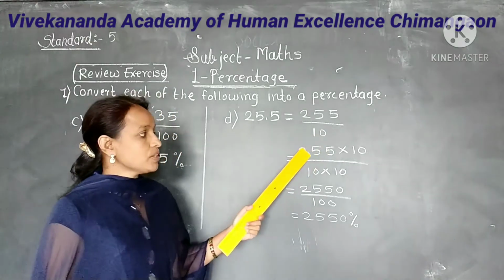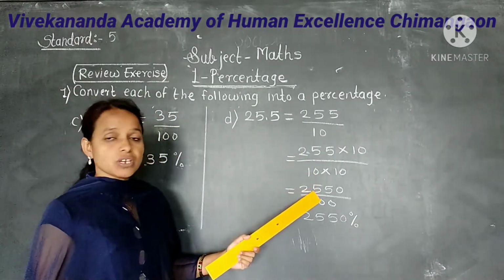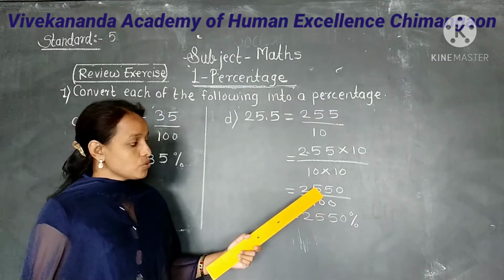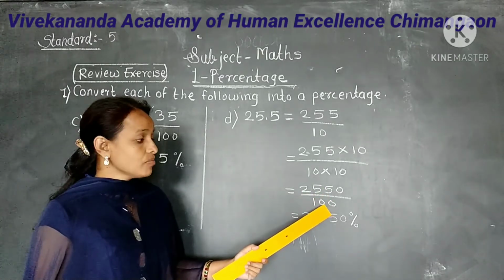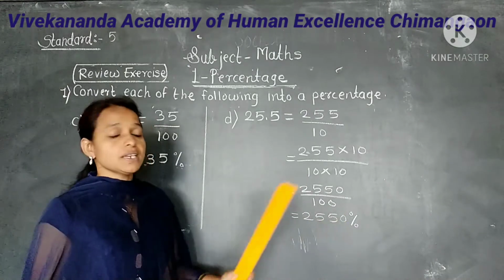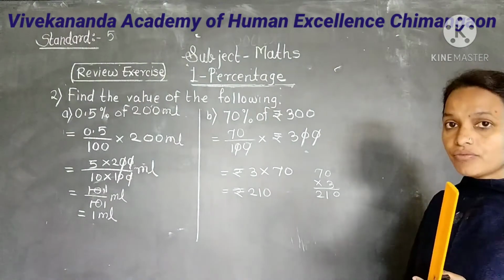So we multiply 255 by 10 and 10 by 10. So we get here 2550 upon 100. So 2550 upon 100 means in percentage we write it as 2550%.